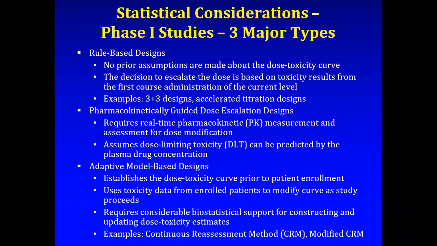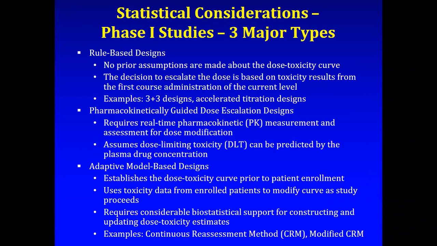All of these designs require input from a biostatistician up front, but the adaptive designs require considerable biostatistical support as the study is ongoing. So if you do use this type of design, make sure that you have a biostatistician who would have time to do this, but also who would be easily available while the study is ongoing.